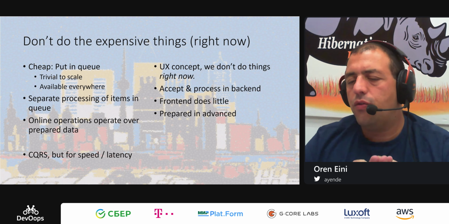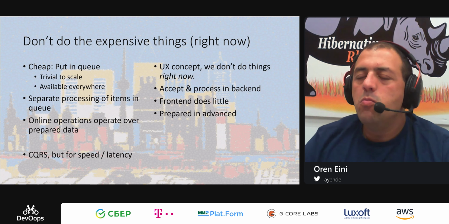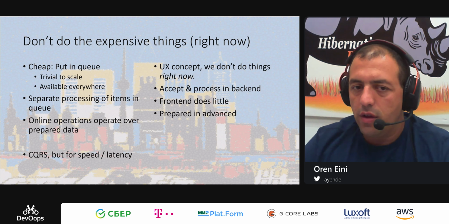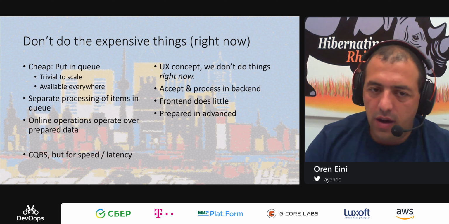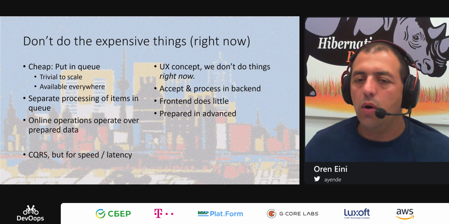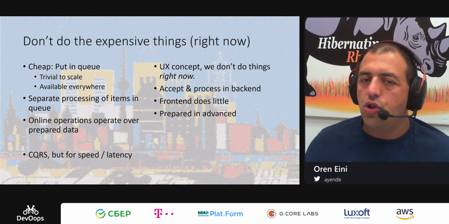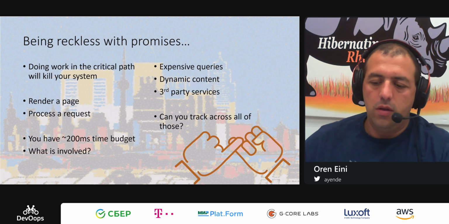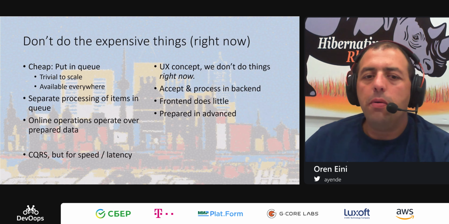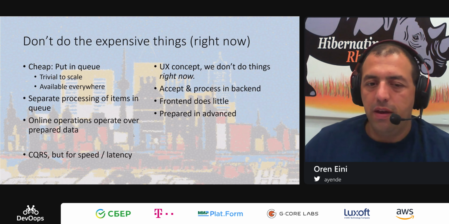It also means that for the most part, the things that I expect a user to sit in front of, either directly or indirectly, are not going to be doing any work. They're going to do the cheap things. Those things are going to operate over data that was already prepared.